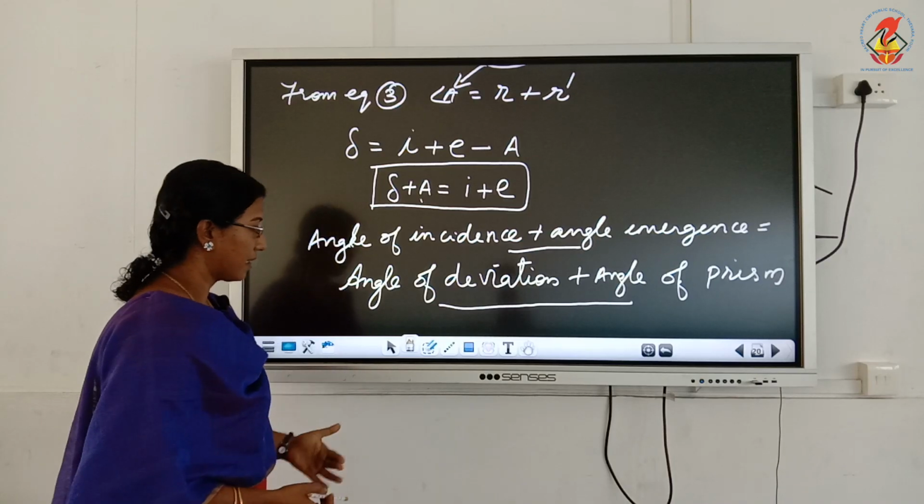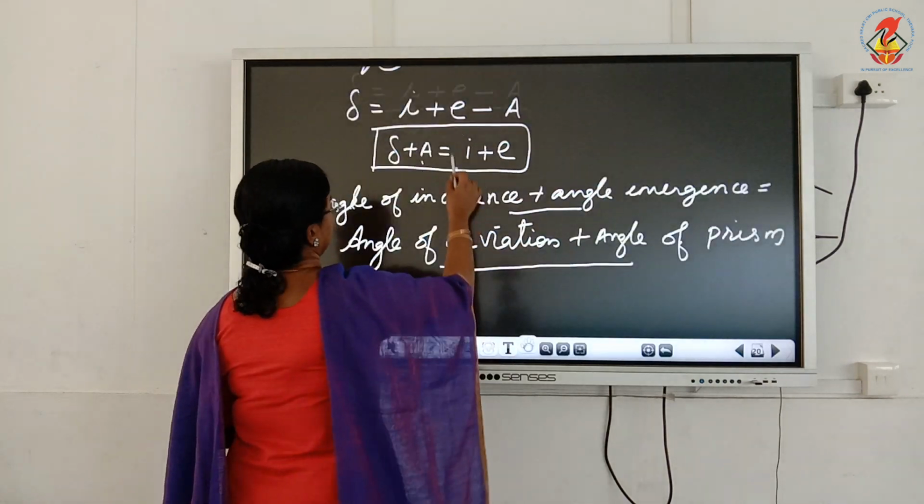Now let us see what are the factors on which the angle of deviation for a prism depends.